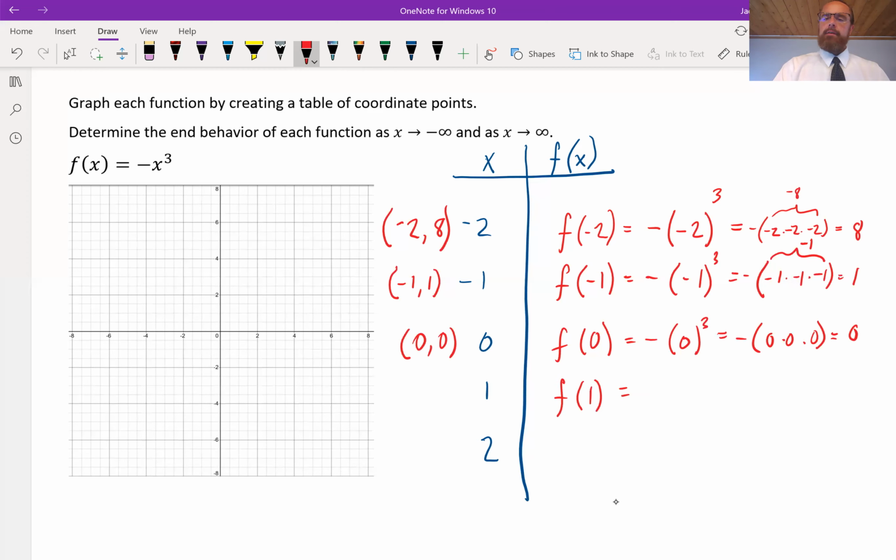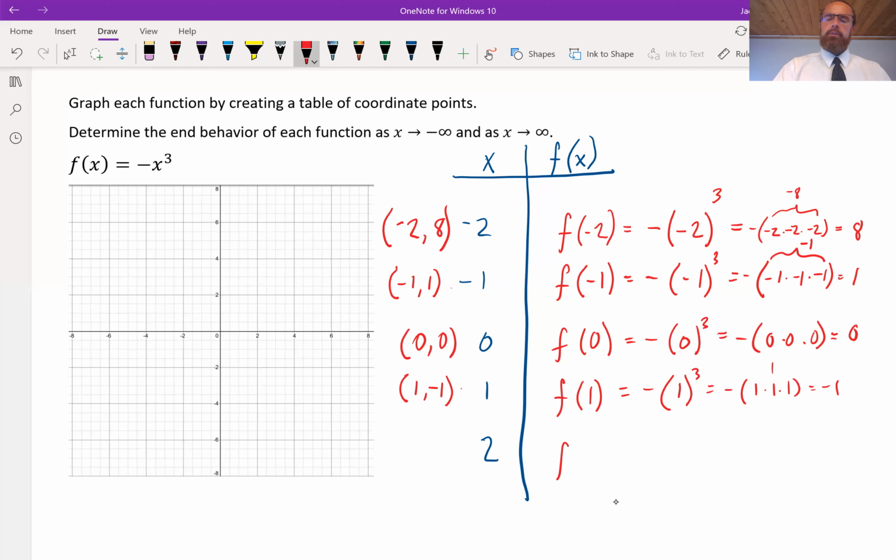Let's calculate f at +1. That's negative +1 cubed. So that's negative times 1 times 1 times 1, which is just 1, times the negative is -1. So here we actually have a negative output, so 1, -1. And you can kind of see a somewhat symmetry here in the values, if not in the signs.